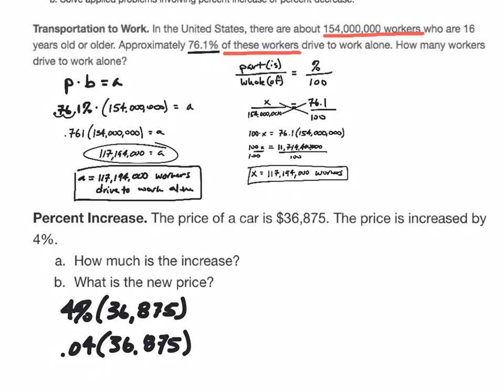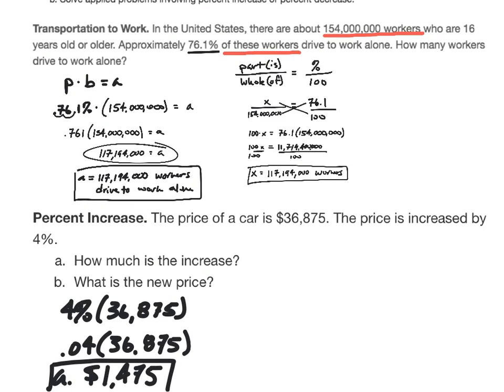Let's plug that in our calculators. 0.04 times 36,875 is going to give us a value of 1,475. And that's my value for A. This is how much we have increased.